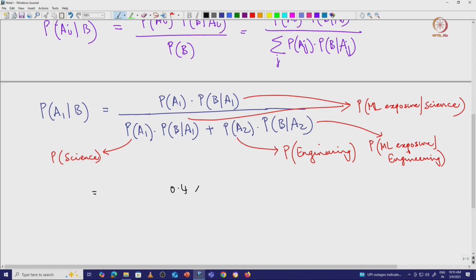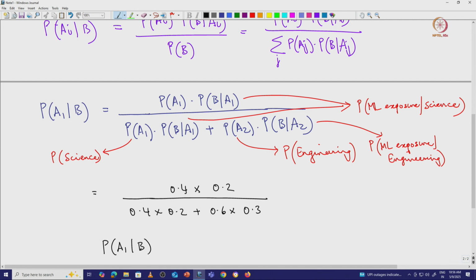Then P(B) is the probability that a science student has exposure to ML, that was 20%, and then we can write down the denominator, that is again 0.4 times 0.2, plus the probability that the student is from engineering, 0.6, and the probability that they have ML exposure given they are from engineering is 0.3. So, this is the formulation, and using this we can find the probability of A1 given B.